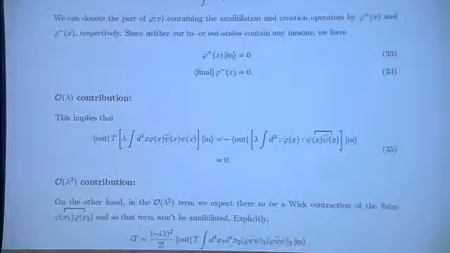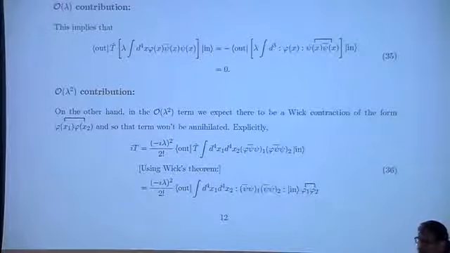However, the second order contribution would be non-zero. Because there would be a term in the Wick's expansion where you would have a contraction, and that guy will not eliminate either the in state or the out state. And that is a term that we're interested in.